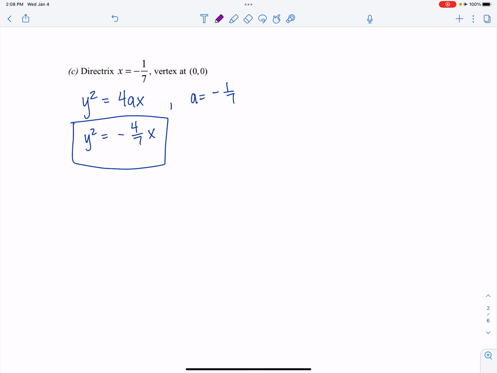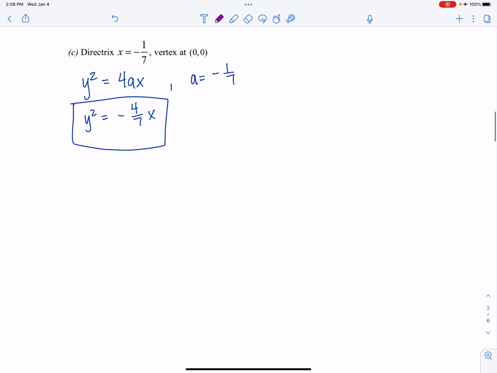Next, we'll find those 2 points. So we will take our general equation, y squared equals -4/7 x. We'll substitute in x equals -1/7. That's what we see right there. And that will give us y squared equals -4/7 times -1/7, which gives us 4/49.